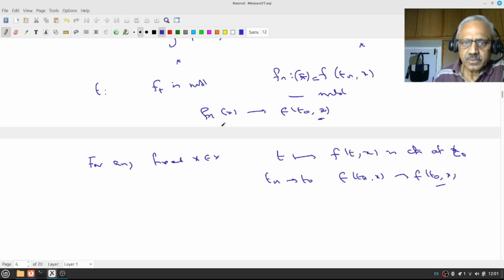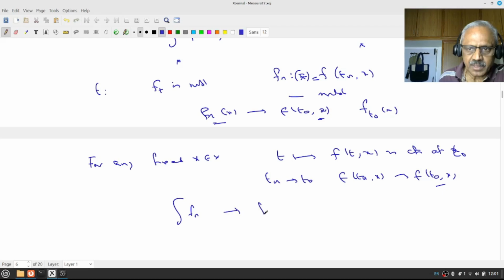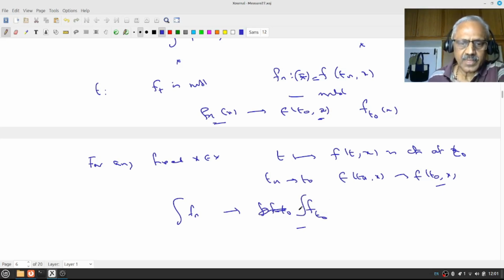So that means fn of x converges to f of t naught of x. Now I want to say the integral of fn converges to the integral of f suffix t naught. This is what I want to prove.